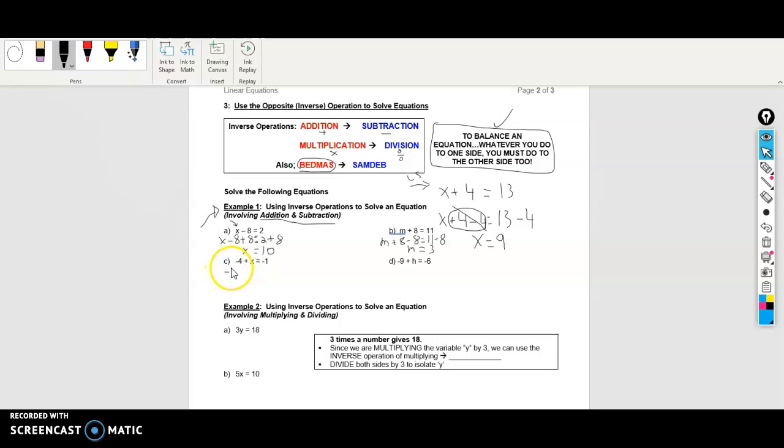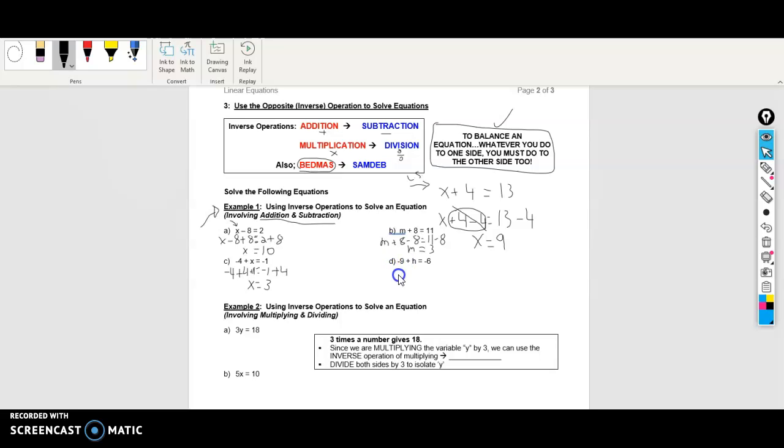So we're going to do minus 4 plus 4 plus x is equal to minus 1. And we added 4, so we need to make sure we're doing the same thing on that side too. Plus 4. Minus 4 plus 4 is 0. So we have x now. x is equal to minus 1 plus 4, which is 3. So our x is now positive 3.